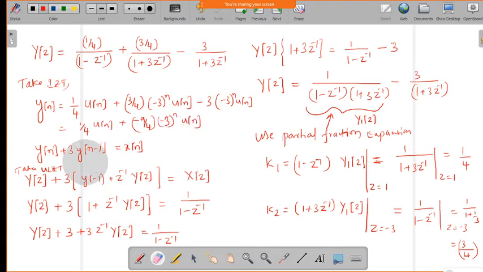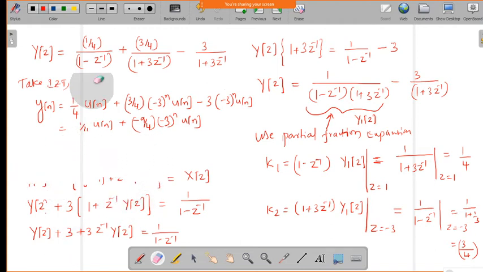So finally we can write it as 1 by 4 minus 9 by 4 into minus 3 power n into u of n.